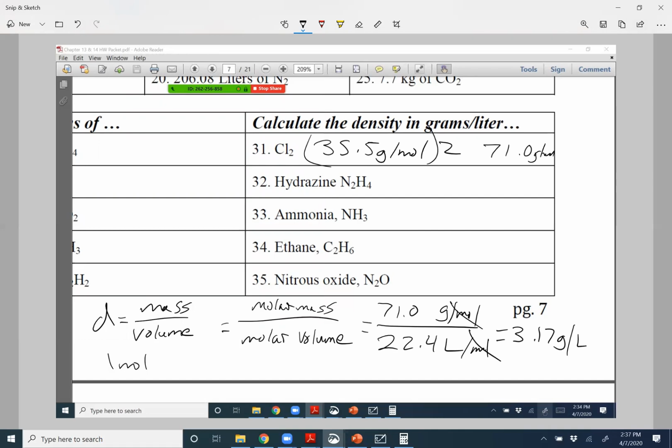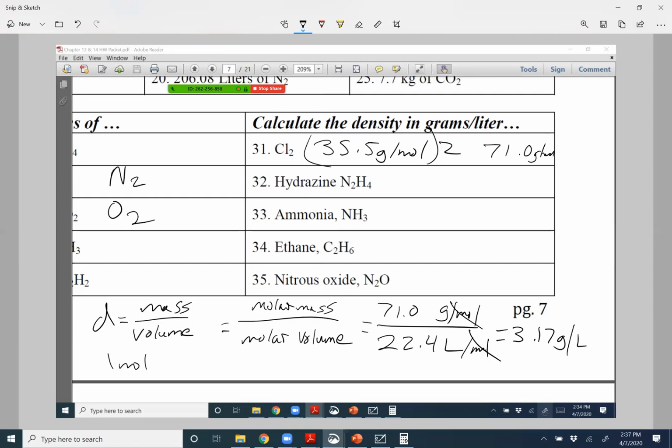So I said chlorine gas would sink because it was heavy. It has a density of 3.17. Well, let's take a look at why I know that to be true. If we were to look at air, for instance, air is mostly nitrogen and oxygen.